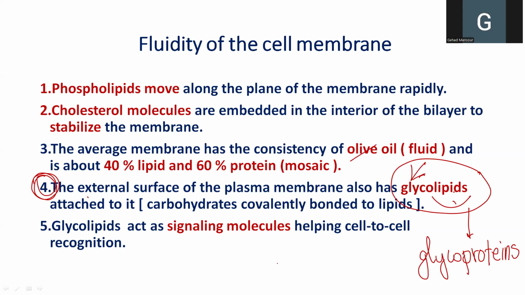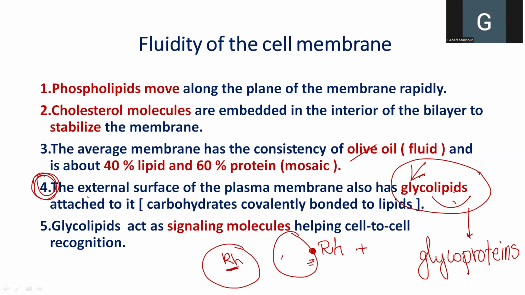RH is another type of antigen that is also present on the surface of the red blood corpuscles. 80% or 85% of the human population are RH positive, meaning that they have this antigen, and 15% do not have it, and therefore they are RH negative.